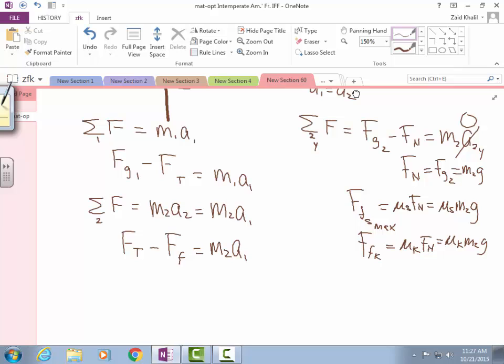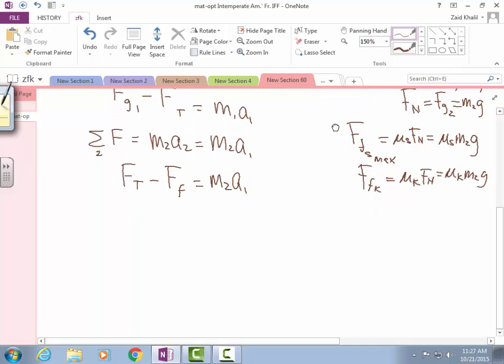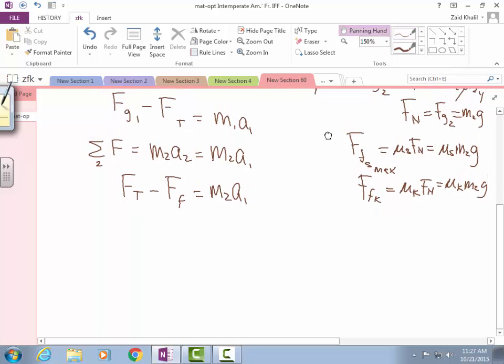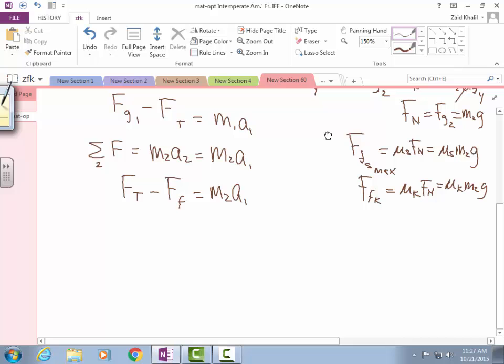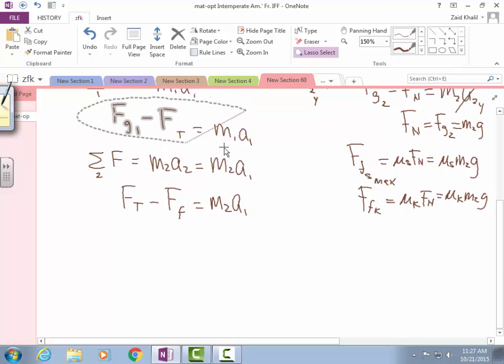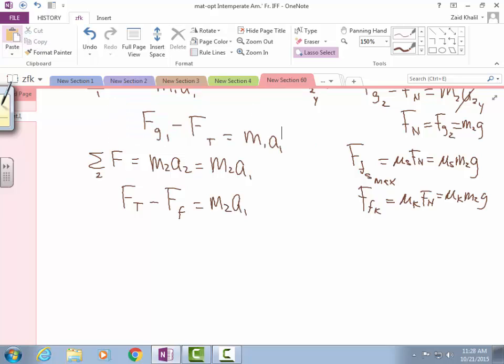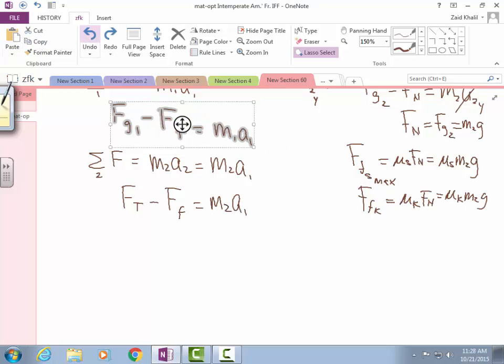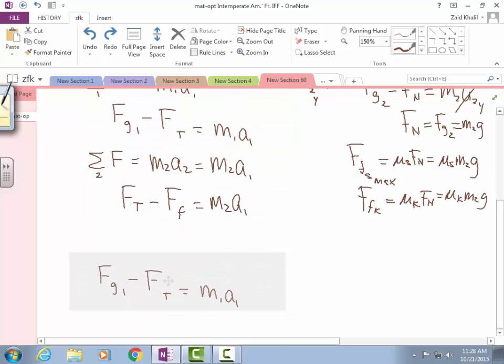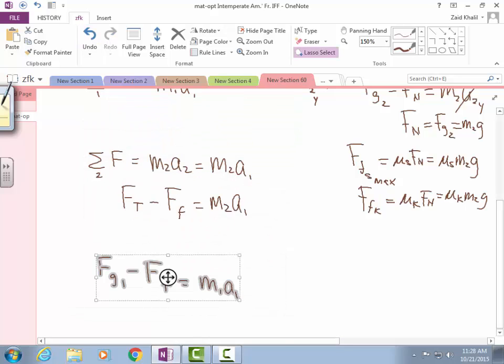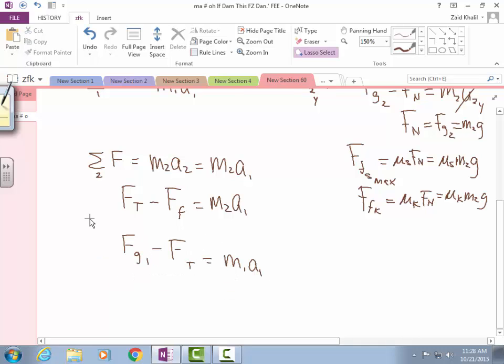So what do we have? We have the following two equations. We have this, which I'm going to lasso, copy, paste. Where that paste? Undo. Okay? Maybe I'll even move it here. So here's our two equations. Guess what I'm going to do with them? What am I trying to eliminate?